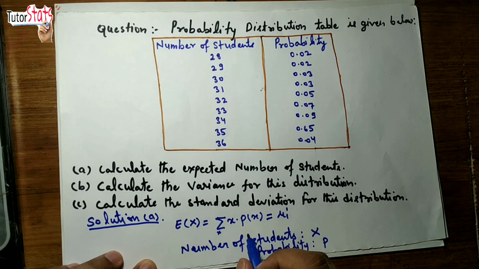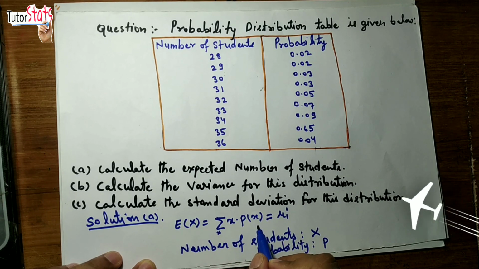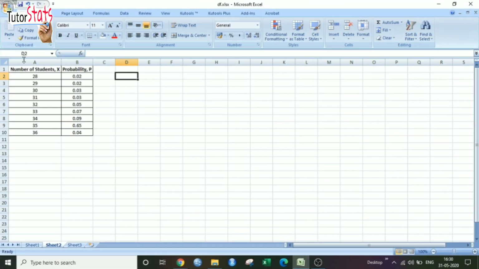And we will use Excel to calculate this summation, summation of x into p of x. This is the data from the question, where x is our variable, number of students, and p is the probability corresponding to each value of x.